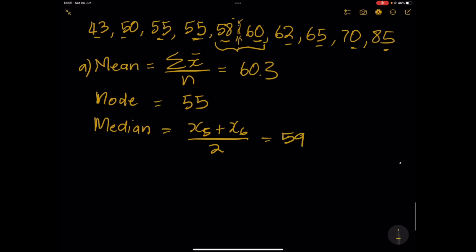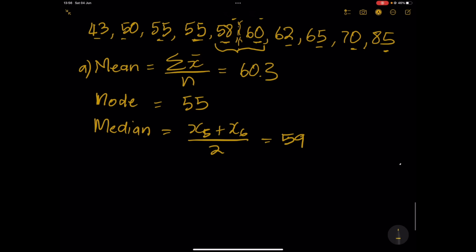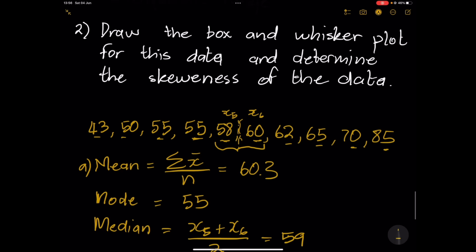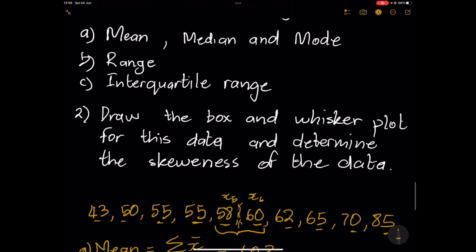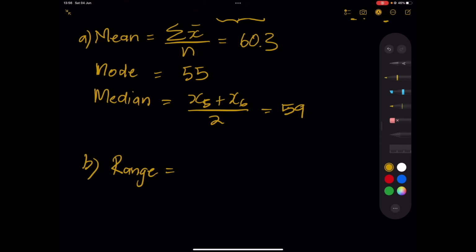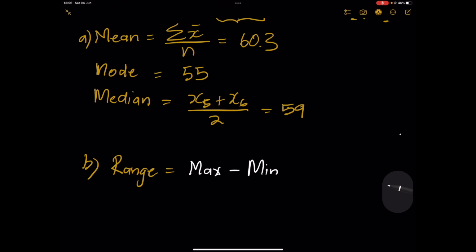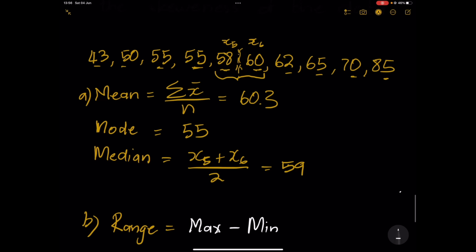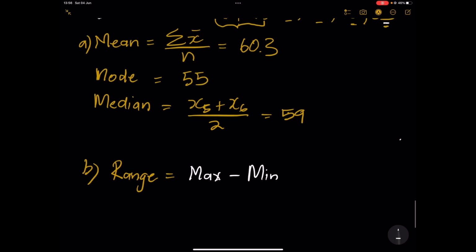Now the second part, they said we need to find the range. Please note, when we're calculating the range, we are simply taking the maximum value and subtracting the minimum value. We've already arranged our data in ascending order, so that's 85 minus 43.